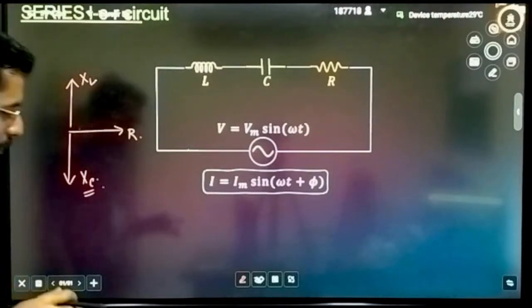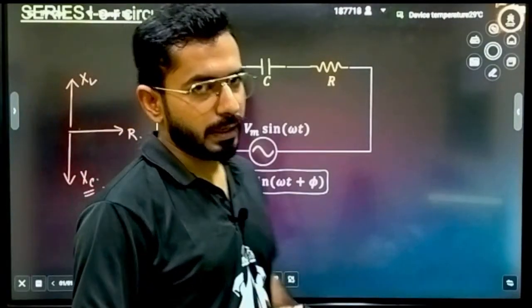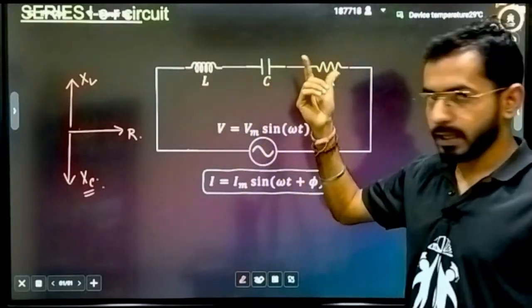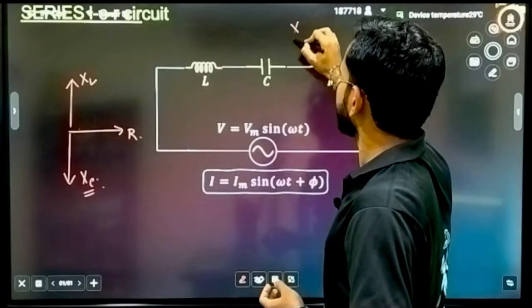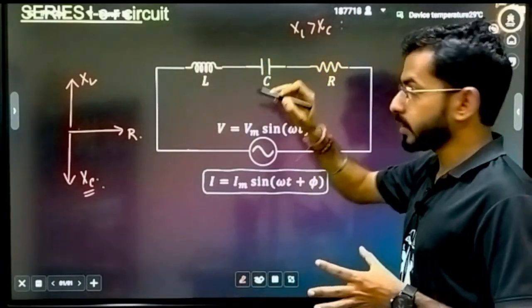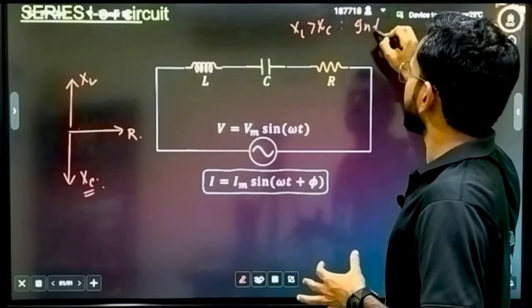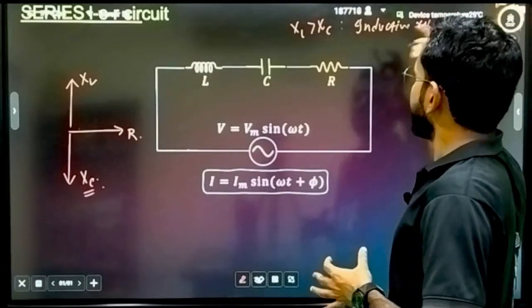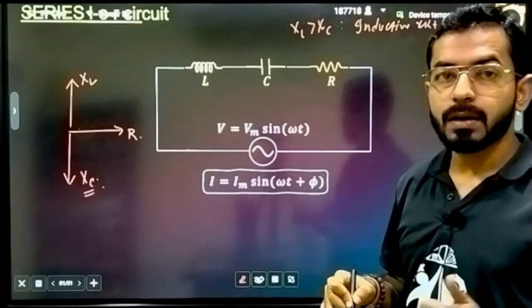Correct? Now you have to judge who is in the majority. Either the XL value will be greater than XC. If XL is greater than XC, then who is in the majority? The resultant will be called an inductive circuit. And if it is an inductive circuit, who will be leading?